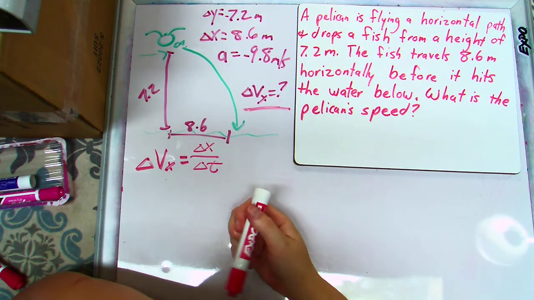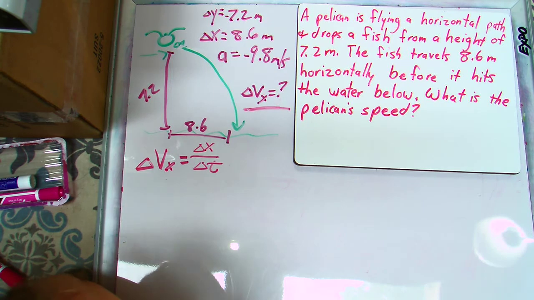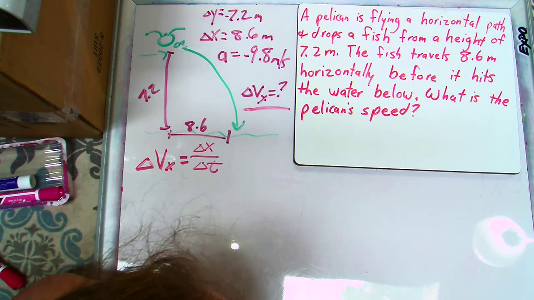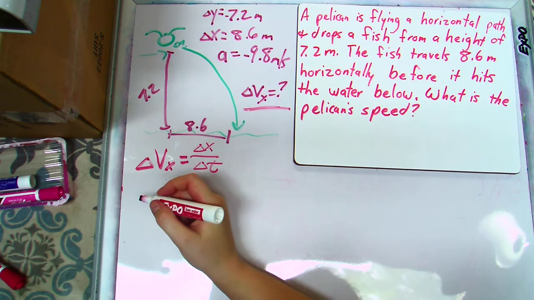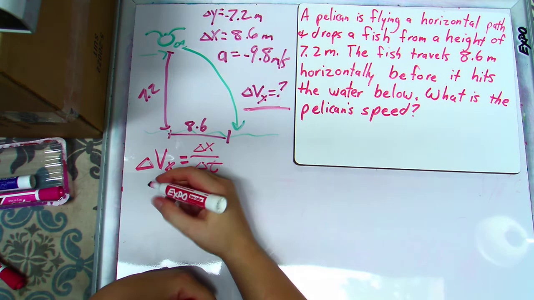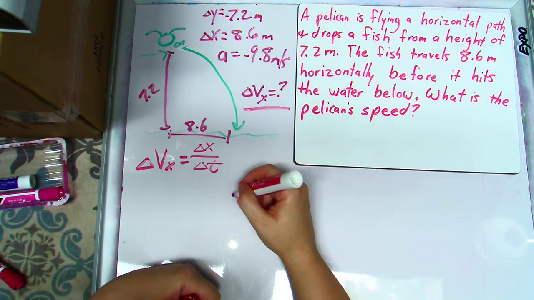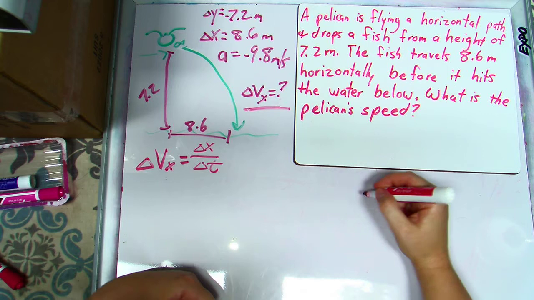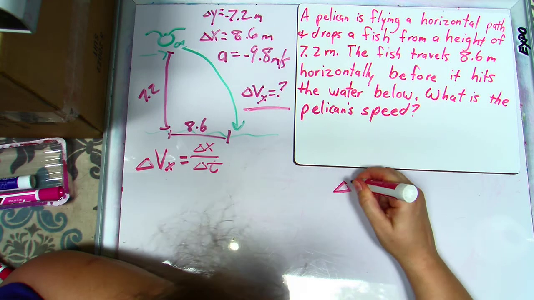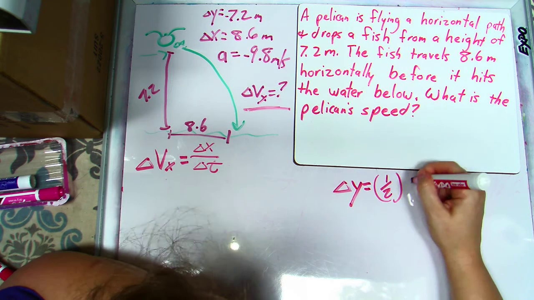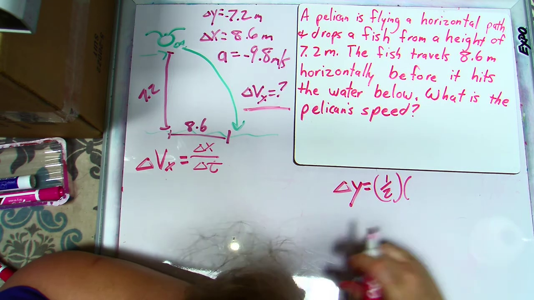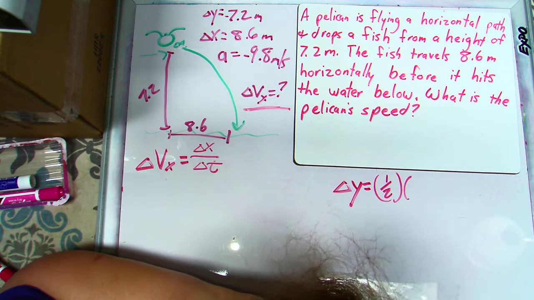So once again, I can go ahead and use one of the free fall equations to help with the y direction. So let's take a look at this. I'll put this over here. Delta y equals 1/2. Oh, bad papers.